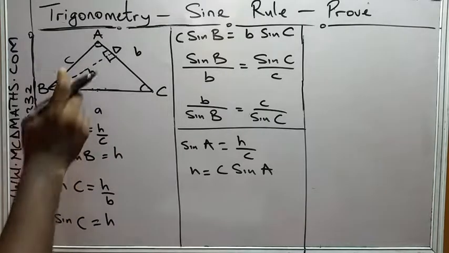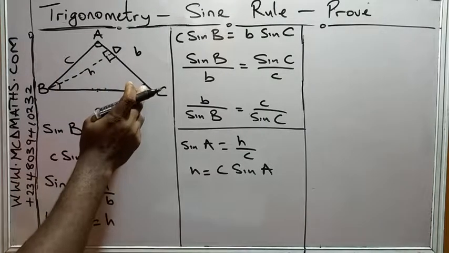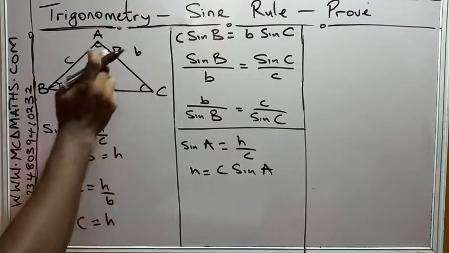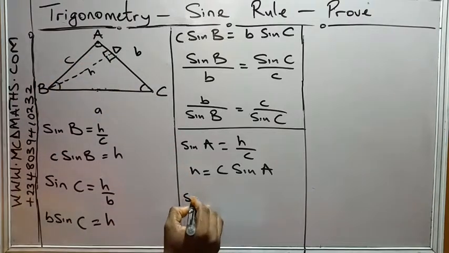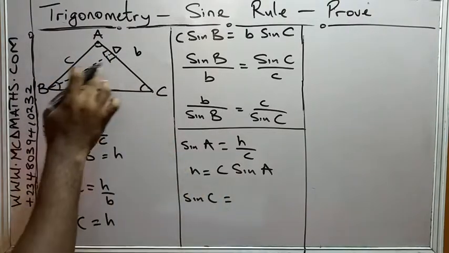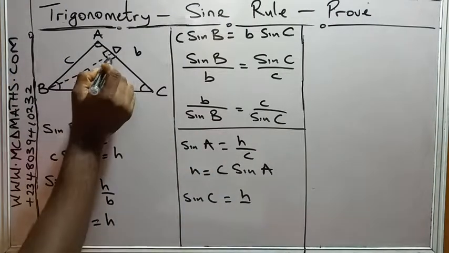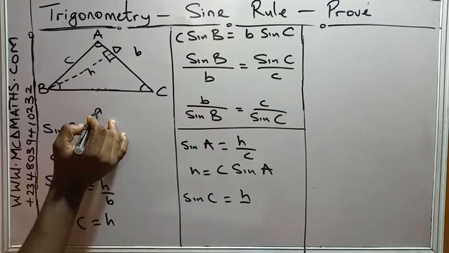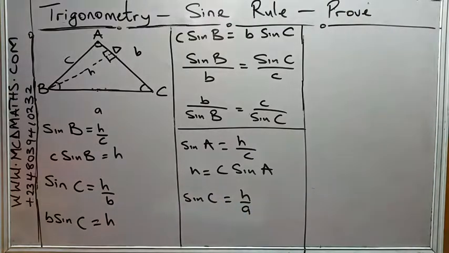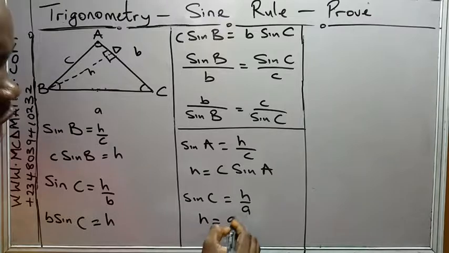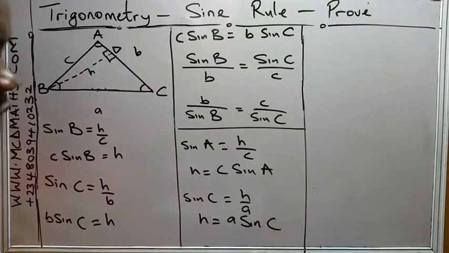Then sine C, working with this triangle, will give you the opposite, H, over the hypotenuse, opposite this right angle, which is A. So A sine C gives you H. Since this H and this H are the same, they can be equated.